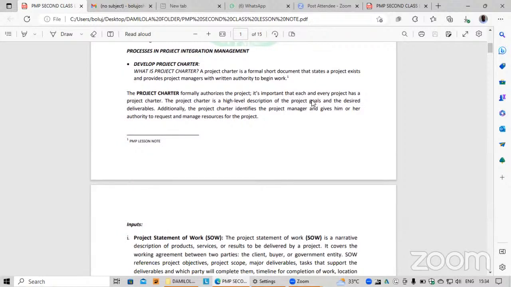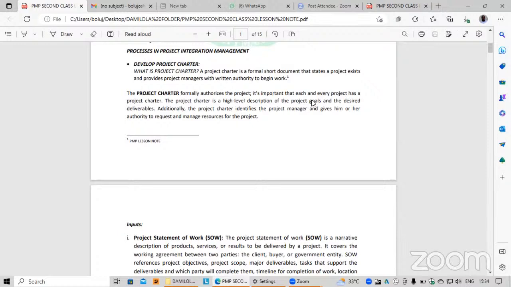Now, each of these logical processes I'll be mentioning one after the other under the knowledge areas have their inputs, outputs, and tools and techniques. What do I mean by input, output, and tools and techniques? Each of these processes has certain inputs, certain documents, certain activities that are necessary to achieve success in it.